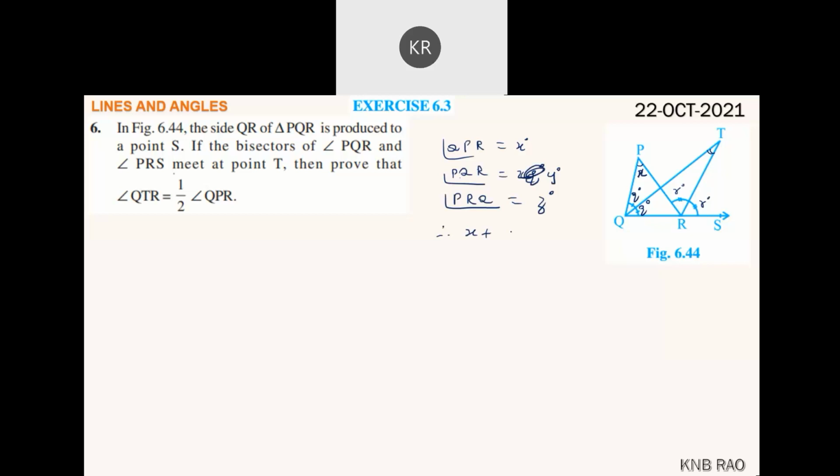Therefore, x plus y plus z becomes 180 degrees. This is equation 1. And I am taking angle PRS as 2r degrees. Because 2r is equal to x plus y. This is equation 2. This is our assumption.